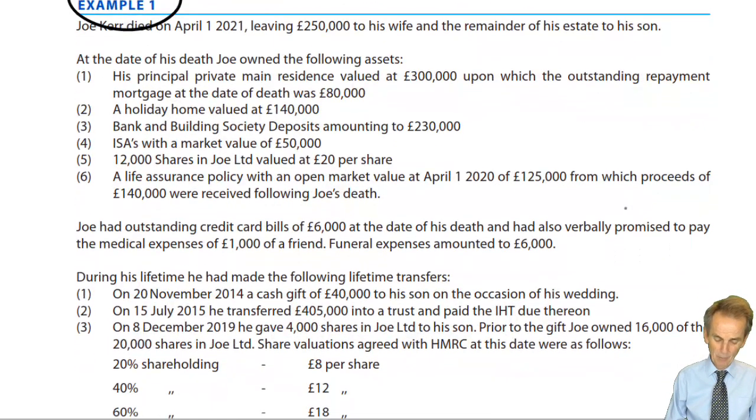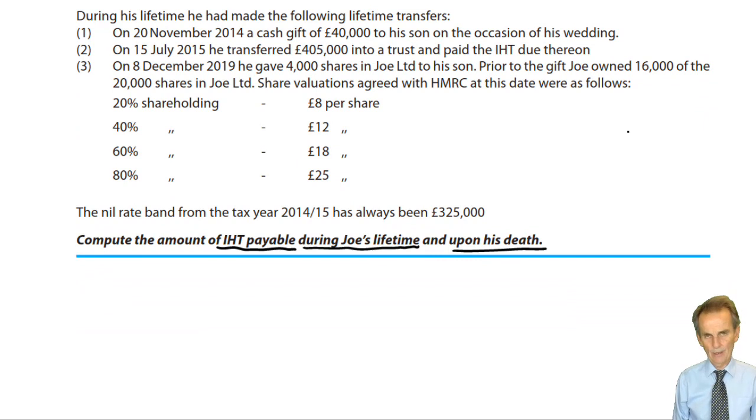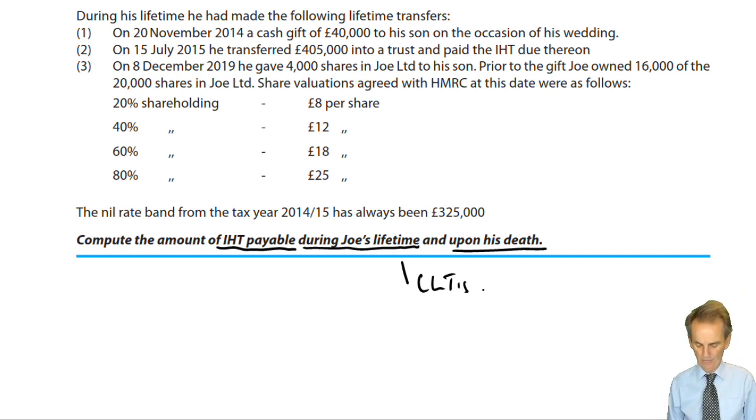Right, example 1. What do they want us to do? Compute the amount of IHT payable, both during Joe's lifetime and upon his death. Right, during Joe's lifetime. That therefore would mean we're only talking about CLTs. Do we have any transfers into trust?